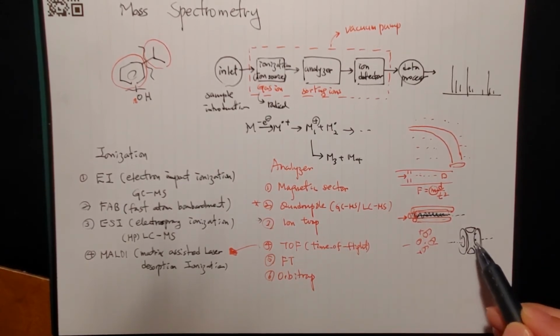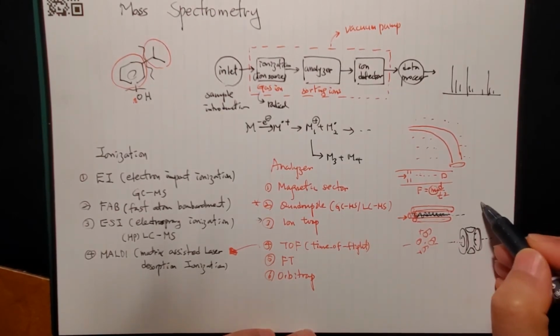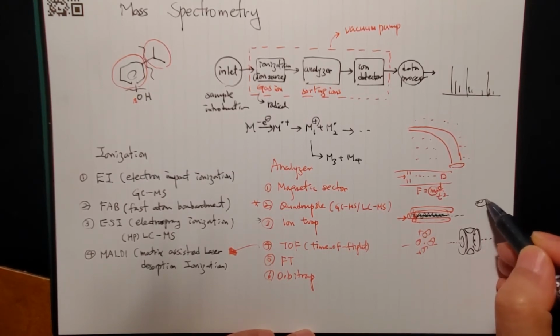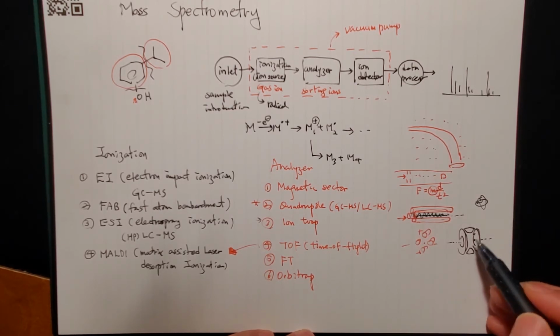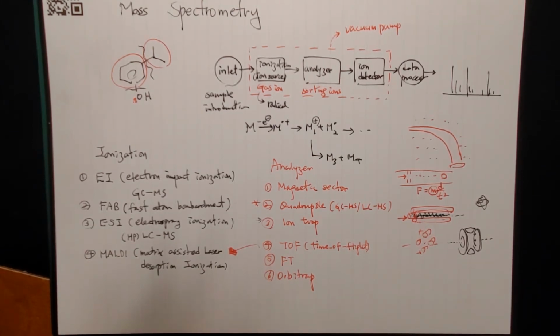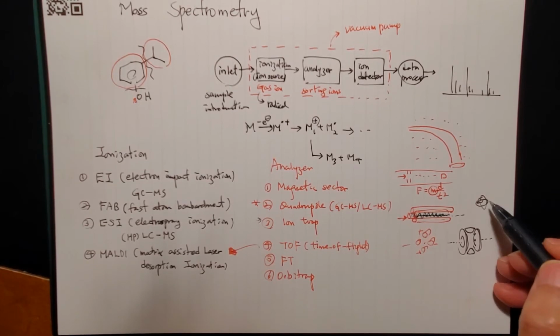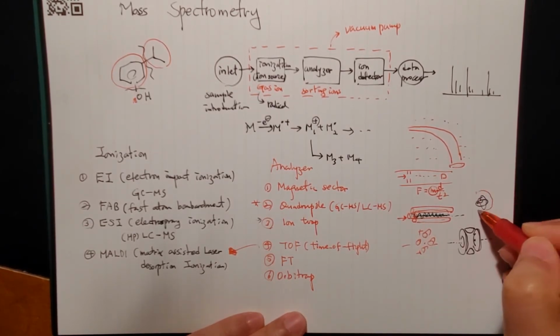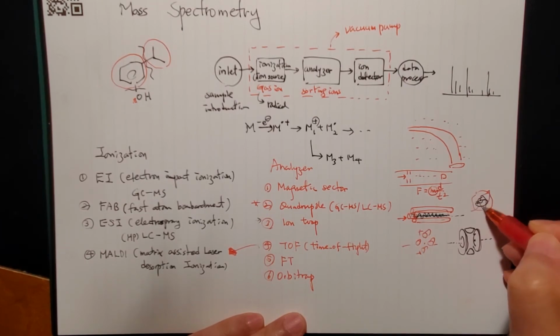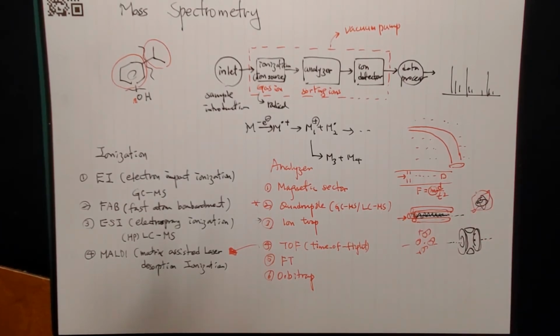In the little space of the cup, you can have the heavier ones moving slowly with a small diameter, or you can make them move up and down, whatever direction you want, using those plus and minus voltages. You are alternating, and the lighter ones are buzzing around with even more variation, right?